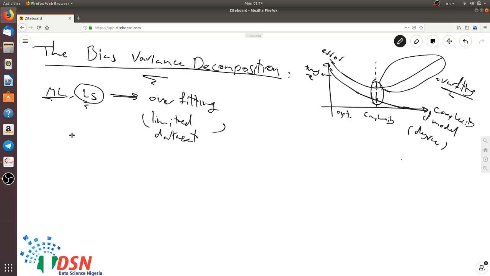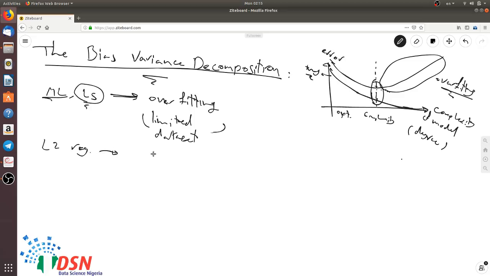For preventing overfitting, we saw that one way is to introduce some terms in the loss function, for example L2 regularization for the model.